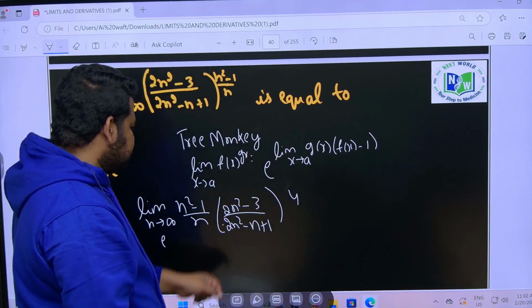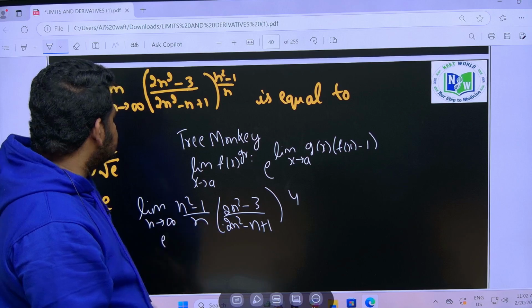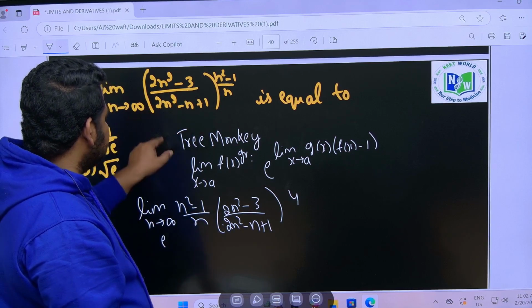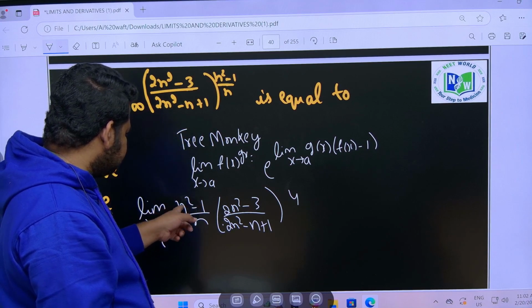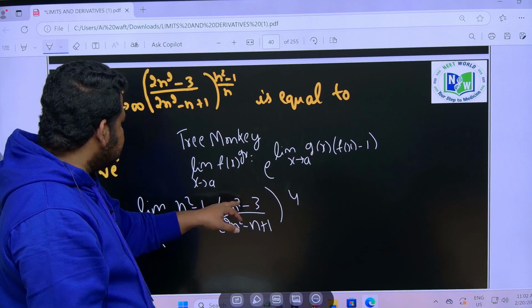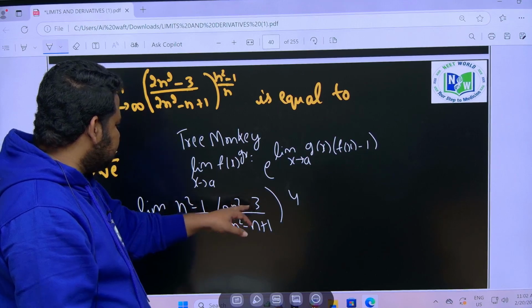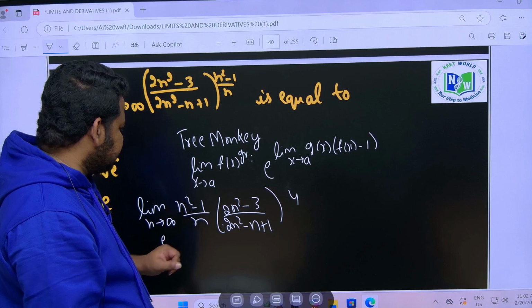What about the denominator? n square minus 1 by n, if I multiply, n square into n, this power is 3. So m is greater than n.